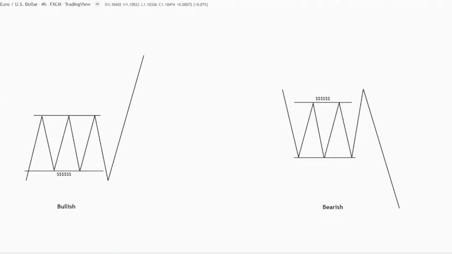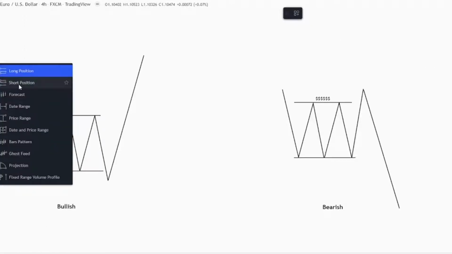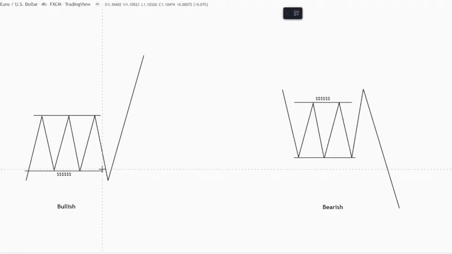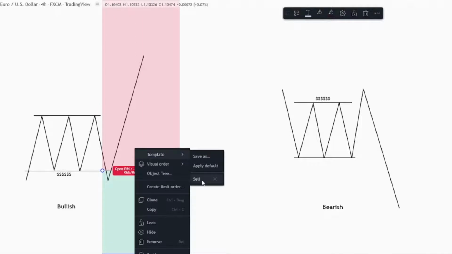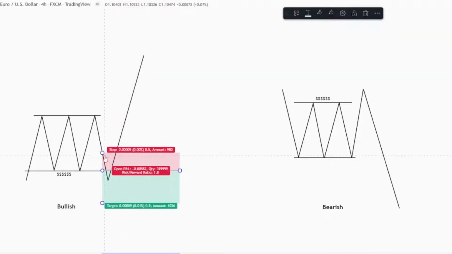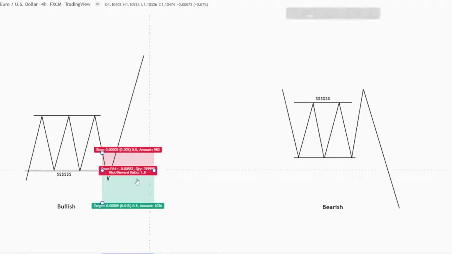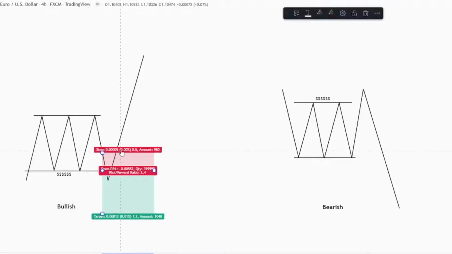Now when the breakout trader sees that, he will go in with a sell, and his sell position will be placed here with stop losses up there, and he will be saying that the market will go in my favor.